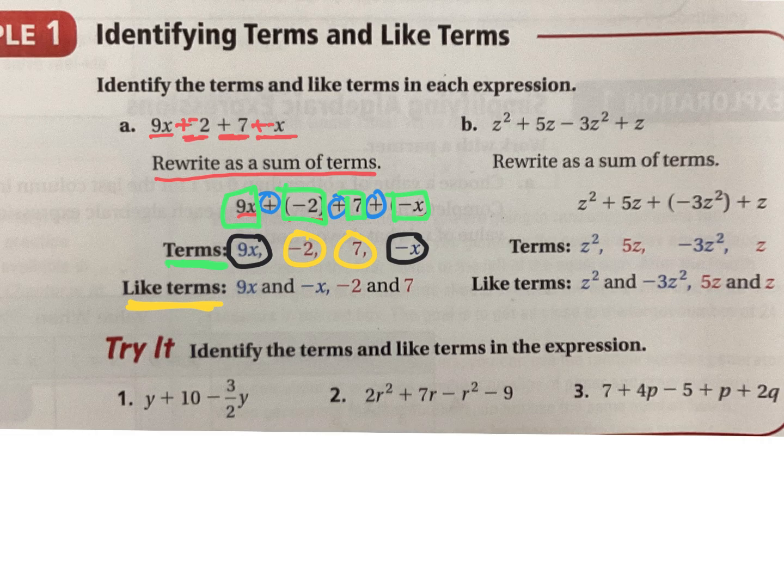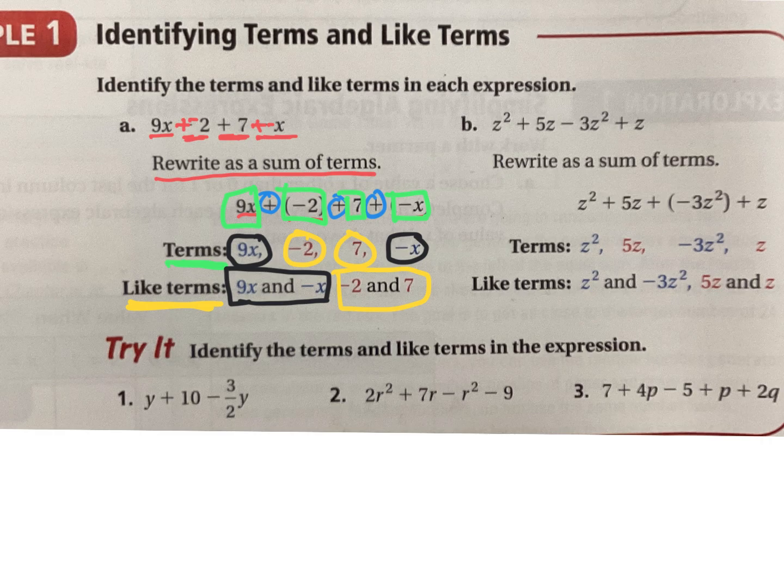So those are like terms too. I have these two as like terms and those two as like terms. So when we get to actually simplifying the expression, we can put those together.